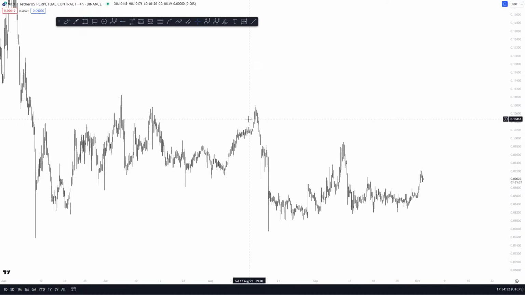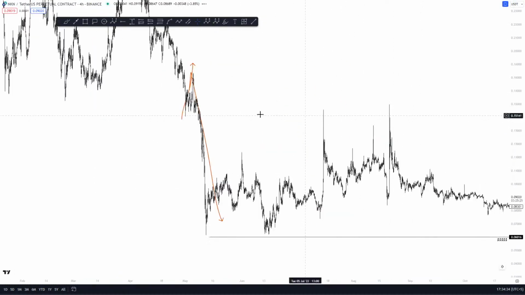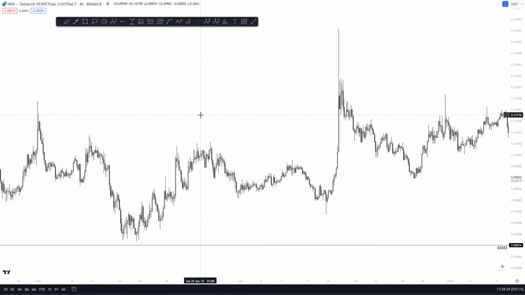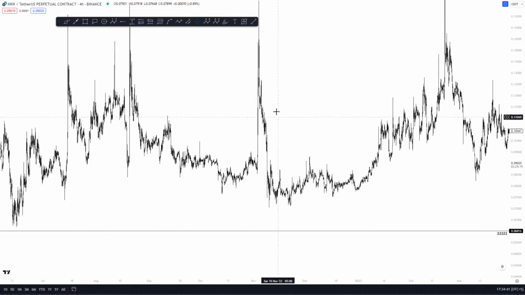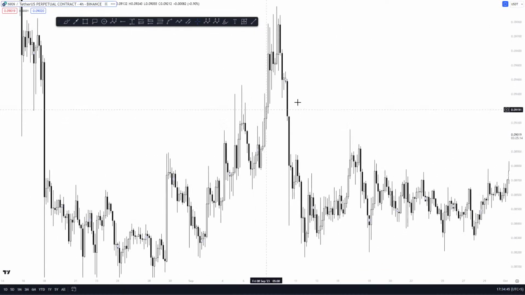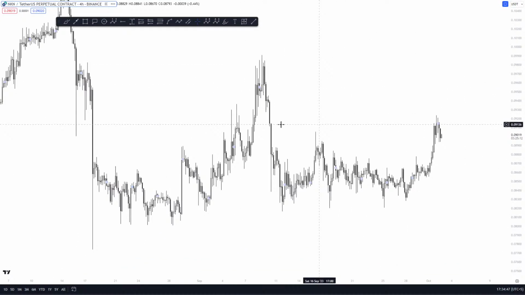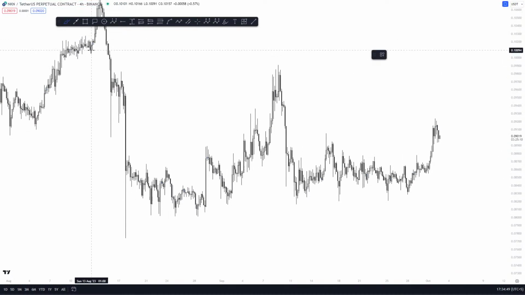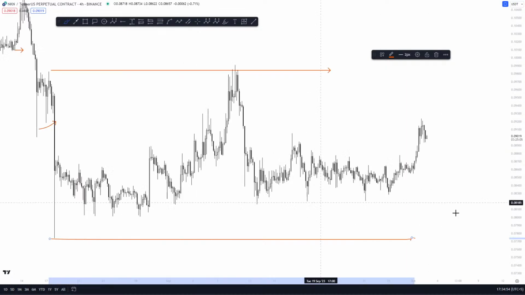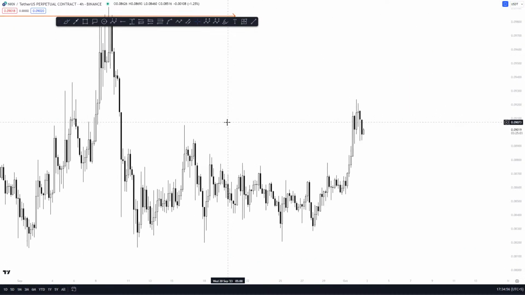4 hour time frame, you can clearly see that. Let's see from here. Perfect, you can go for some shorts, but I need a time frame.